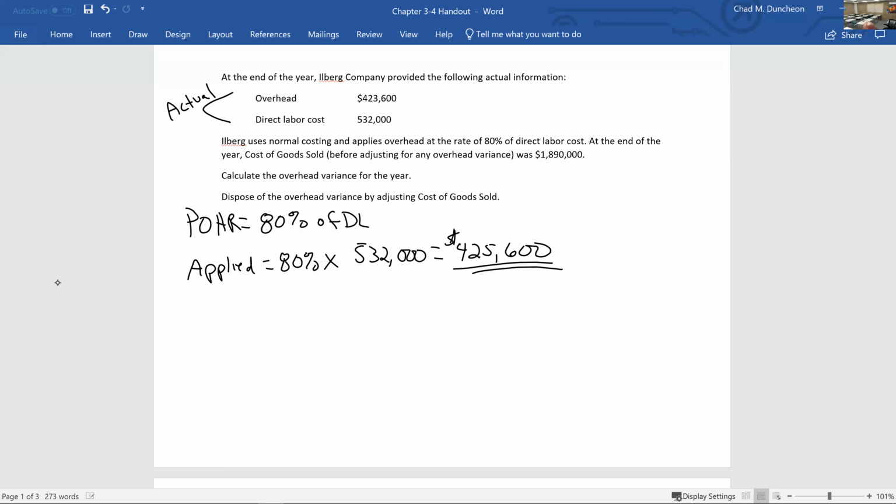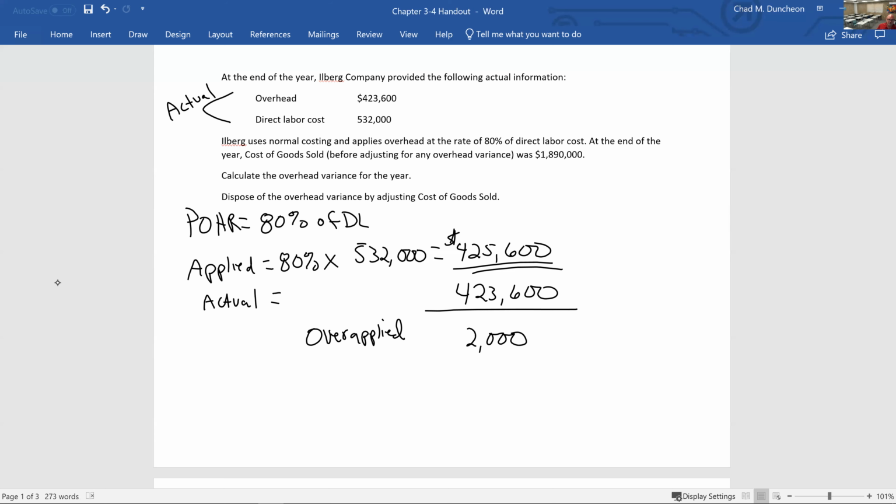So we get that 425,600 was applied. Our actual overhead costs were 423,600, so we have a difference here of $2,000. Is it over applied or under applied? Here it is over applied. That is our variance, because we applied $2,000 more than our actual cost.